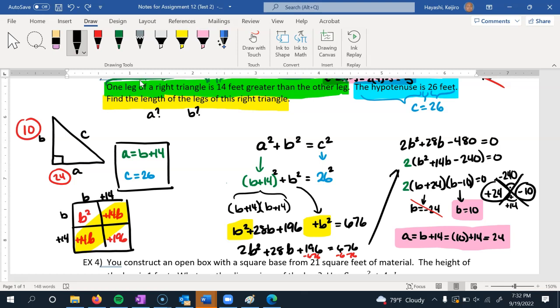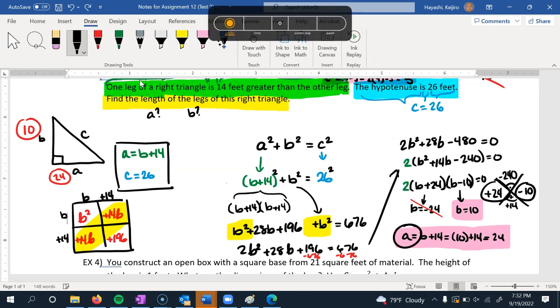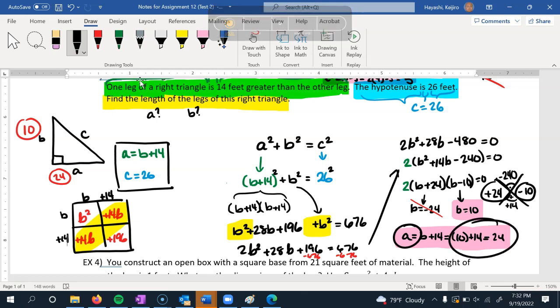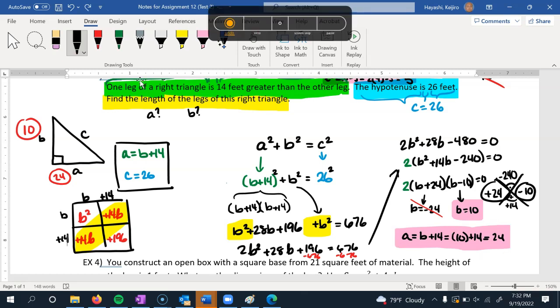I mean, you don't have to write this, I guess. No, it's fine. You can just write a equals 10 plus 14 and then a equals 24. Oh, okay, that's even better. Yeah, just as long as you show that you're using the 10 from before to get to the 24. That's totally fine.